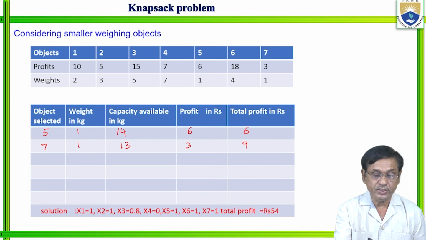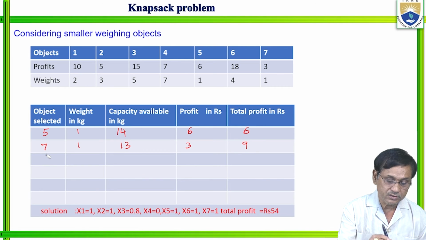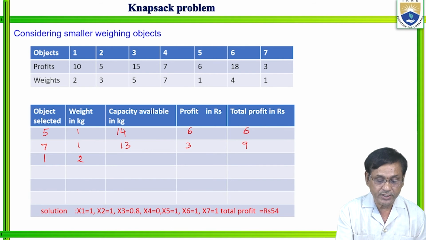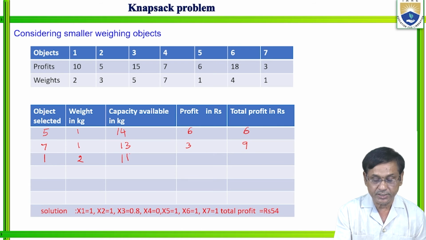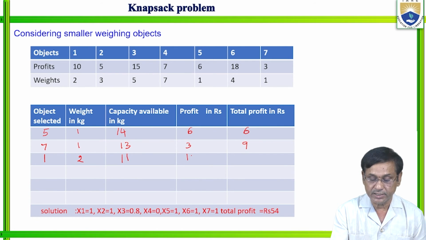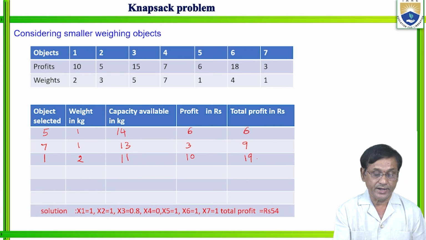Then next lowest is the object 1. So object 1 is having 2 kg, so object 1 is selected and the weight is 2, the balance is 13 minus 2 is 11 and the profit corresponding to that is 10 and the total profit is 10 plus 9 is 19.